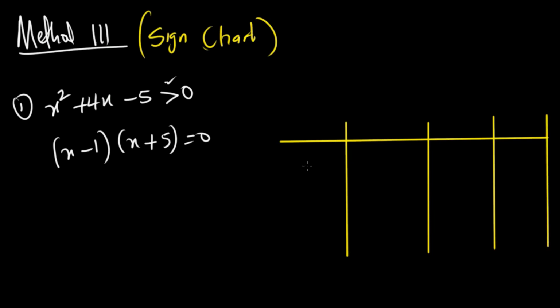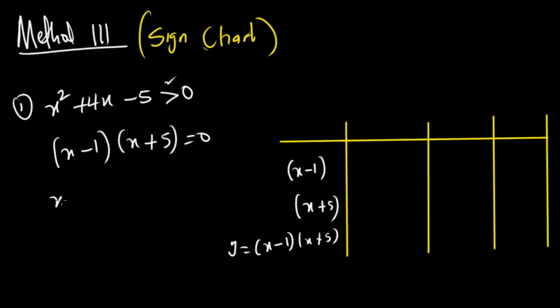On the first column, we are going to have our factors. The first factor we have here is x minus 1. We also have x plus 5, and we have our y, which is simply x minus 1 times x plus 5.